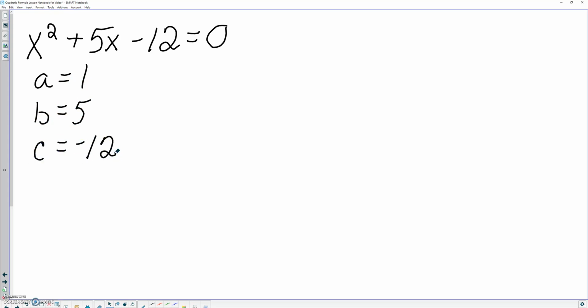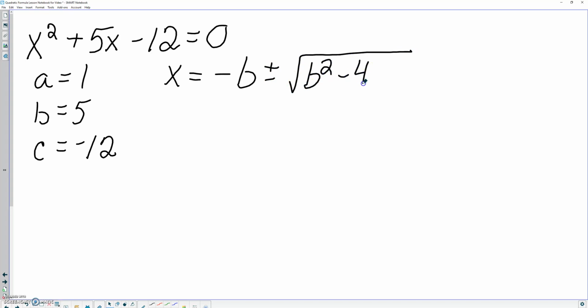Right? So the first thing I'm going to do is write down my quadratic formula. So again, it's x equals the opposite of b plus or minus the square root of b squared minus 4ac all over 2a. All right, and what's nice is that this formula is on your reference sheet.